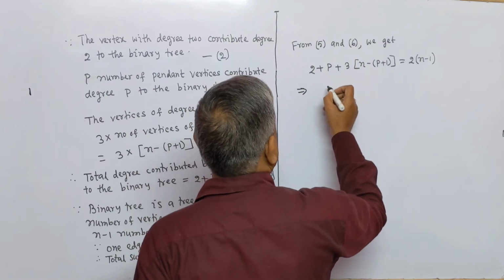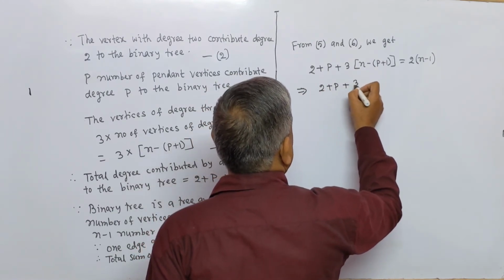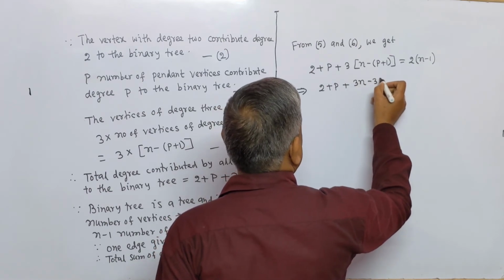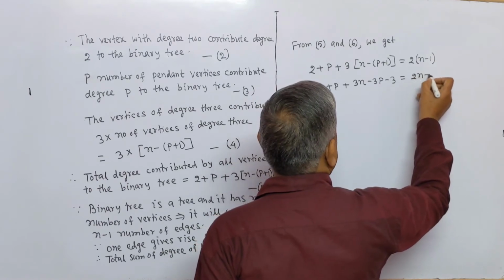This implies that 2 plus p plus 3n minus 3p minus 3 equals 2n minus 2.